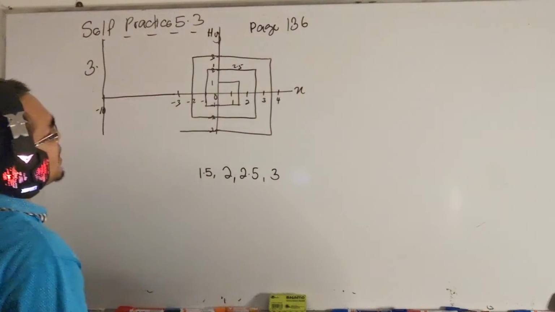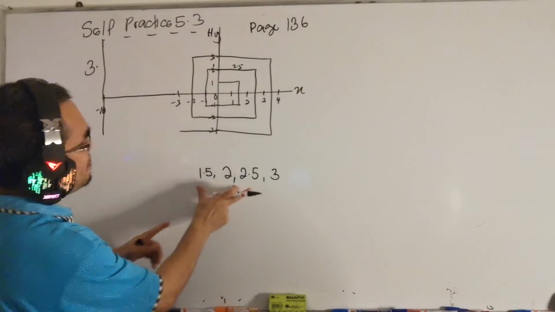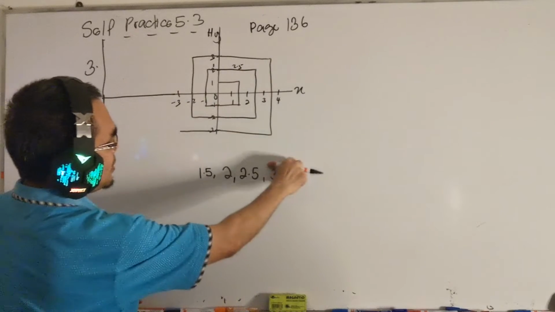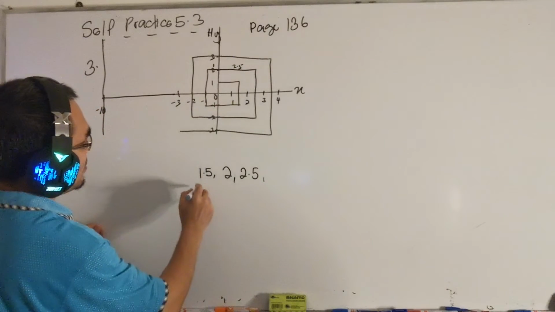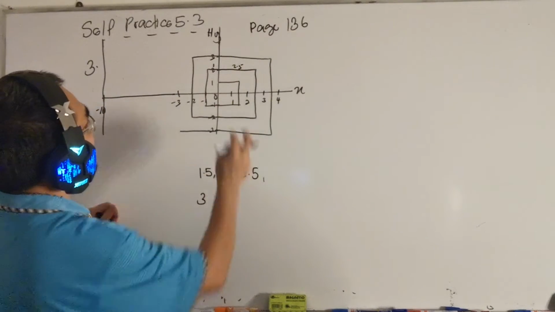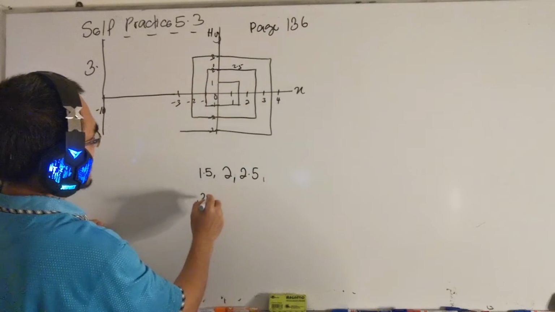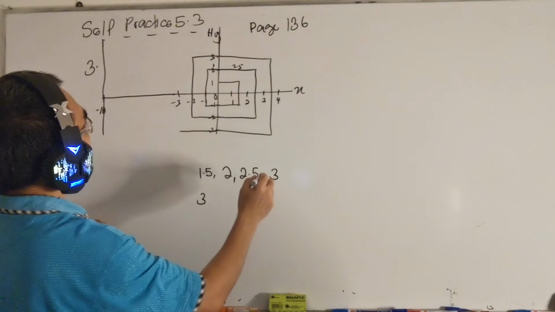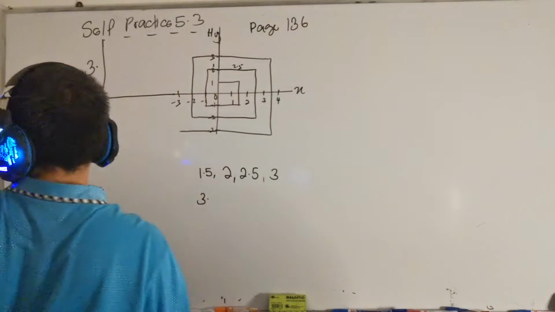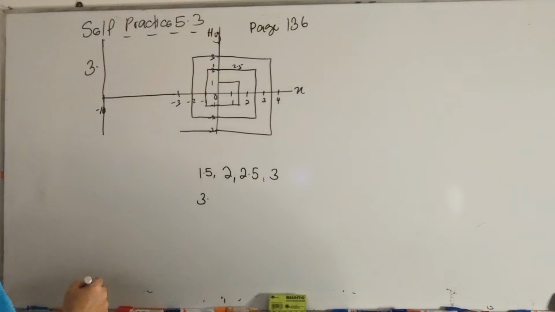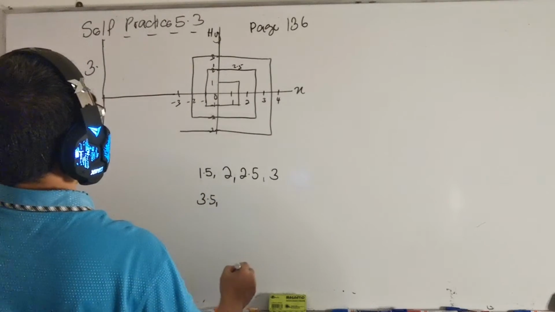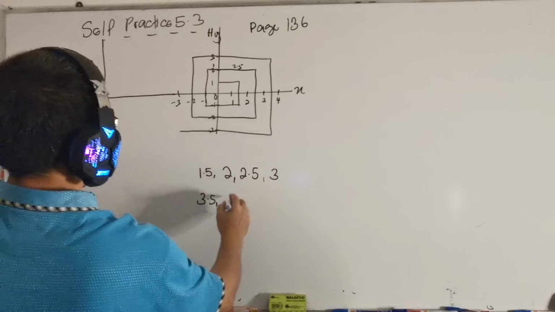So this is something like a box. For the second round we write down 3 here, and then 3.5, it will go here, and then it will go to 4.